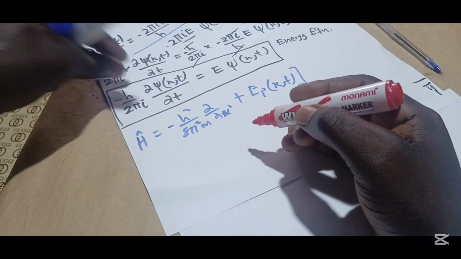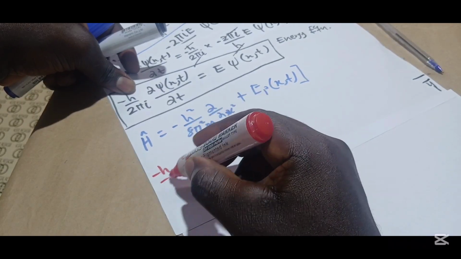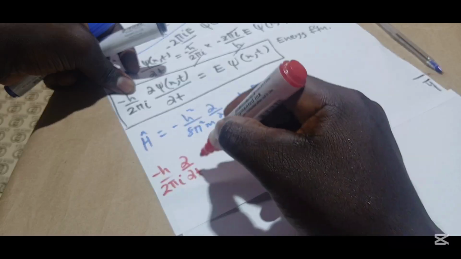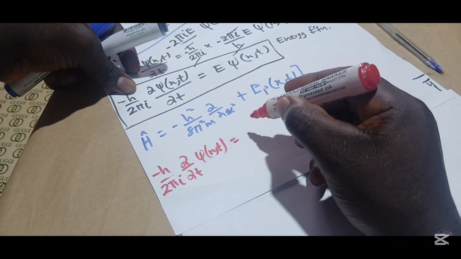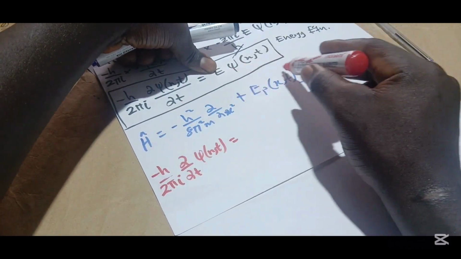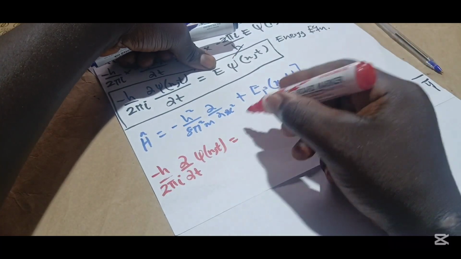So we are going to write this term here, which is minus h over 2 pi i, derivative with respect to time, and then our wave function psi(x,t) equals the total energy of the system. We are going to replace E by this term. Substitute this whole term there as the total energy of the system.